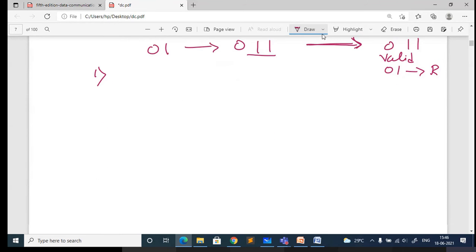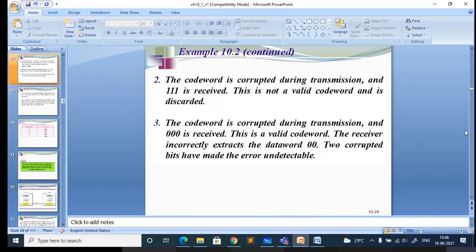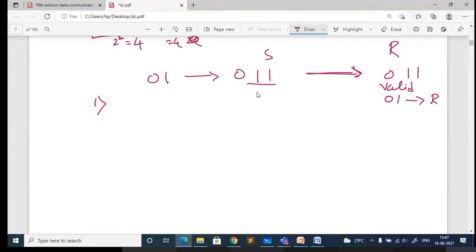Let's take another case where one bit is modified. If the code word is corrupted during transmission, say 11 is received. Even though the sender is sending 011, due to error it is changed to 11.